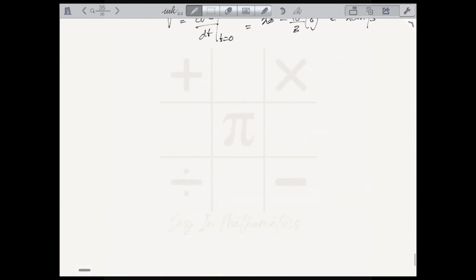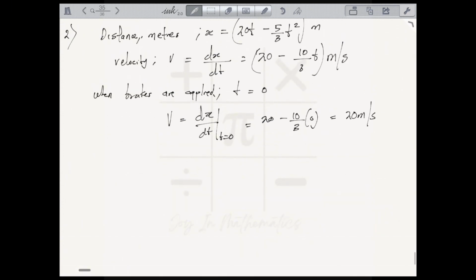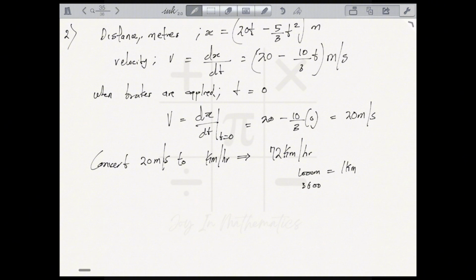Now we have to convert 20 meters per second to kilometers per hour, and if you perform the conversion well, you will arrive at 72 kilometers per hour, because we understand that 1000 meters is equivalent to 1 kilometer, and 3600 seconds is equivalent to 1 hour.